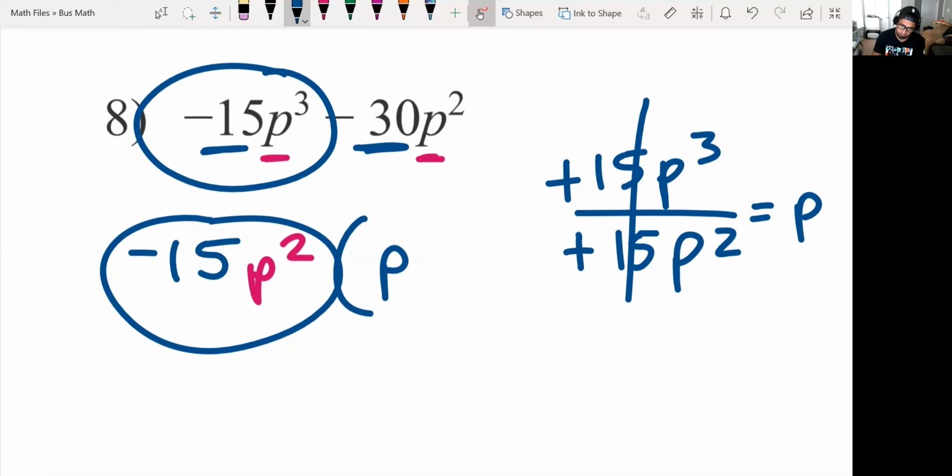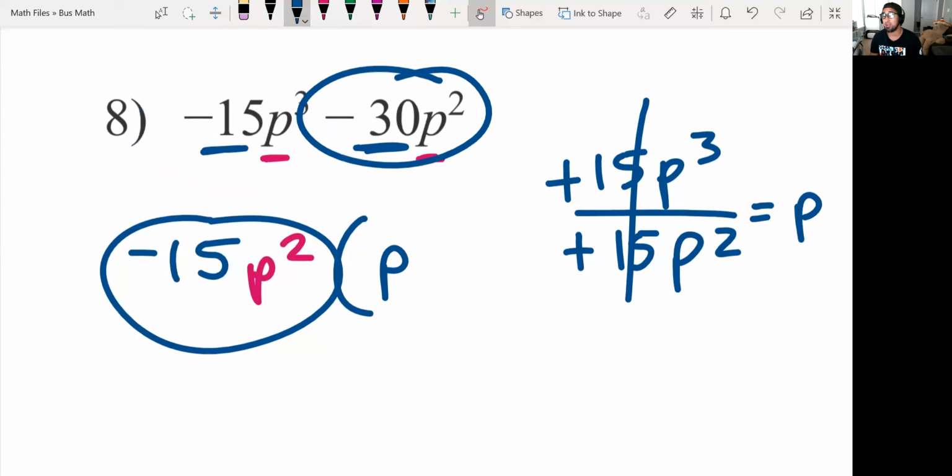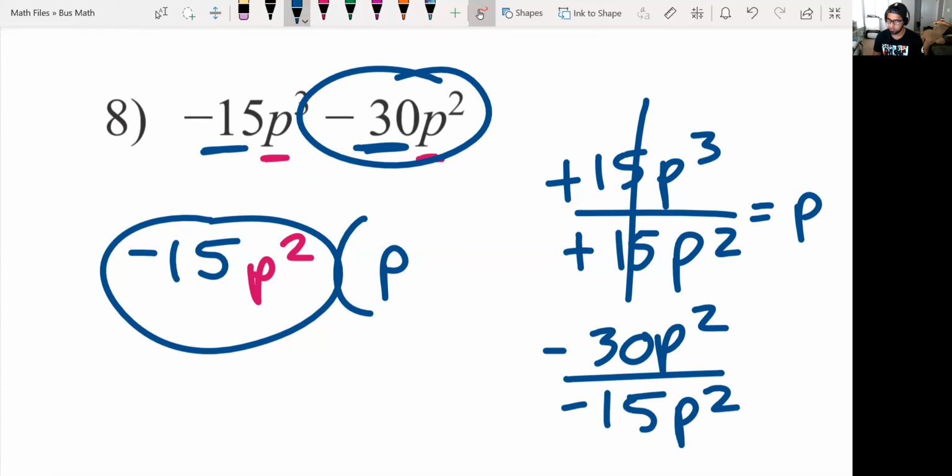And then negative 15p squared from negative 30p squared. Once again, negative over negative makes positive, but 30 over 15 makes 2. And p squared over p squared cancels.